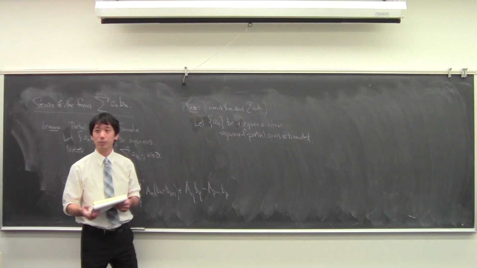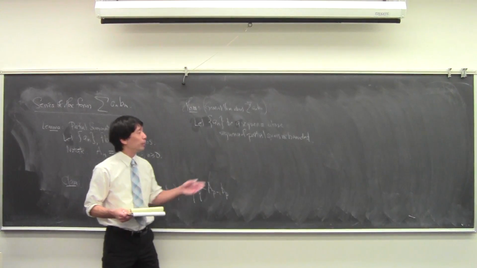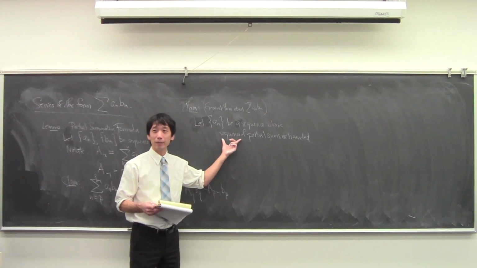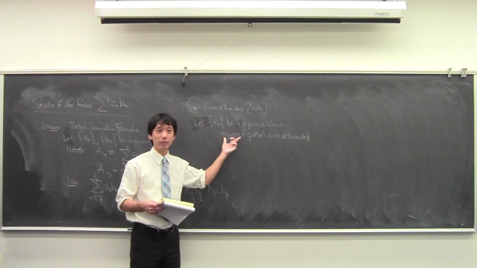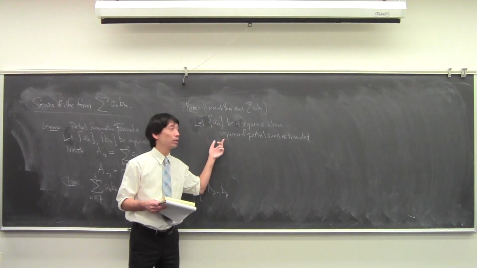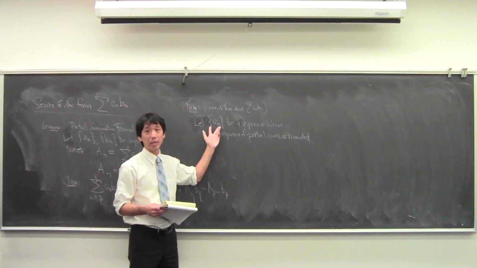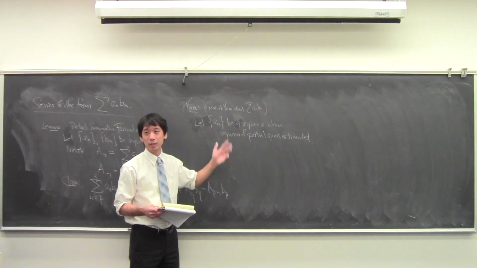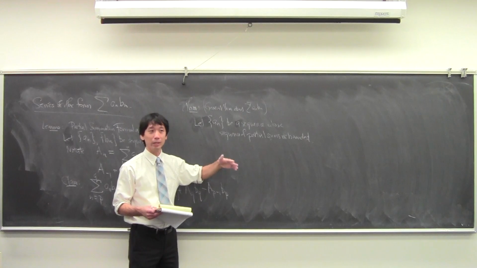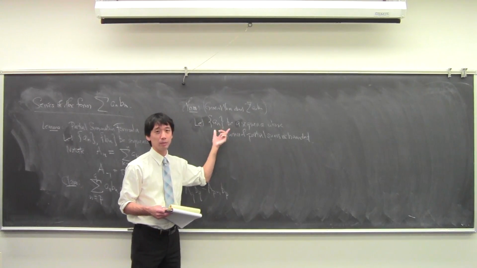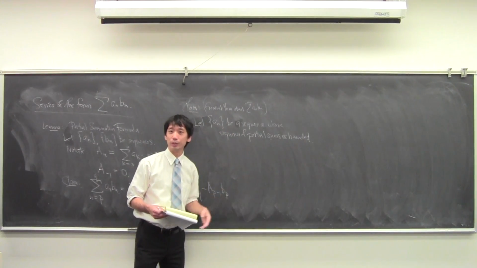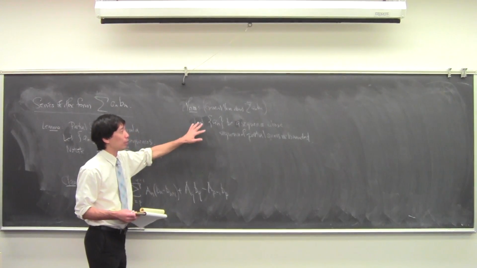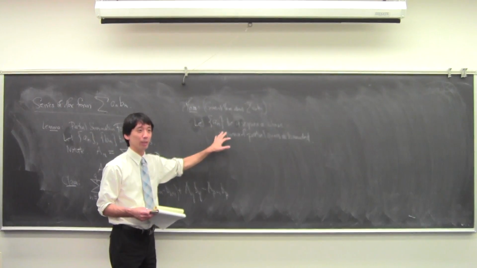It doesn't have to converge; the corresponding series may not even converge. For example, a sub n could be -1, 1, -1, 1, and so on. That series, its partial sums are bounded, and if you try to sum it all, it does not converge. But that's fine. All we want is that the sequence of partial sums is bounded.